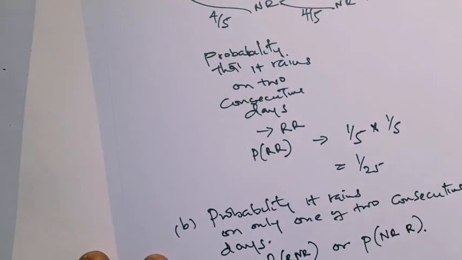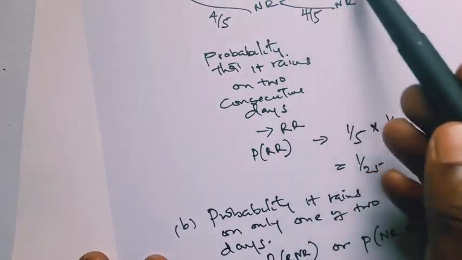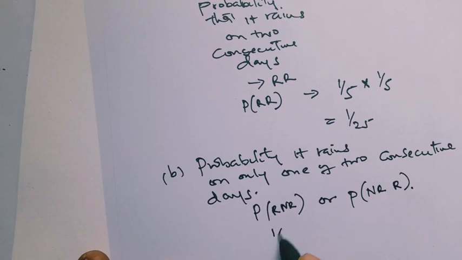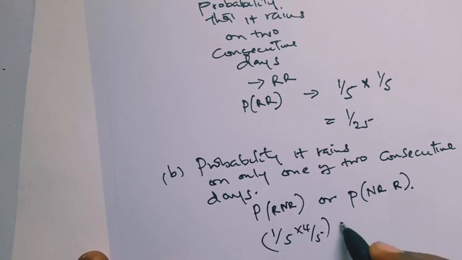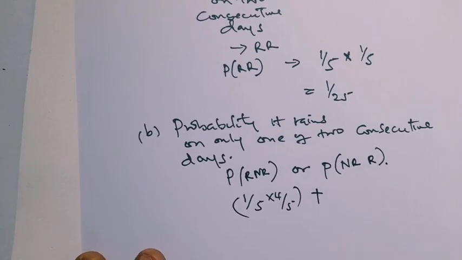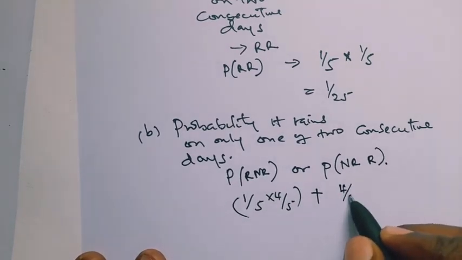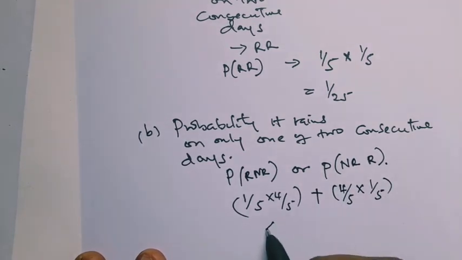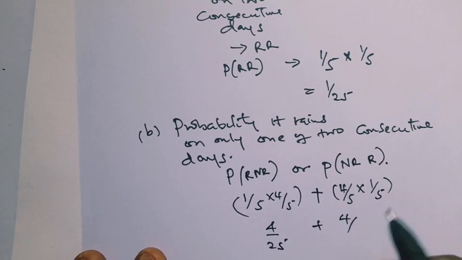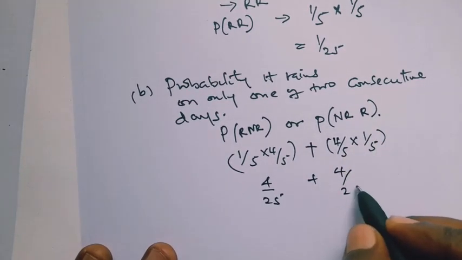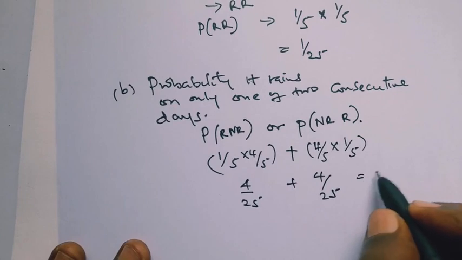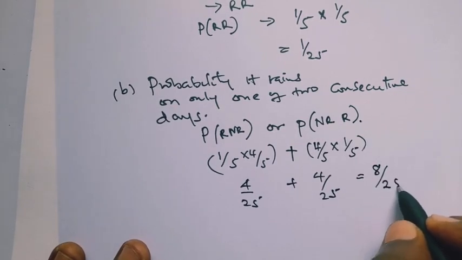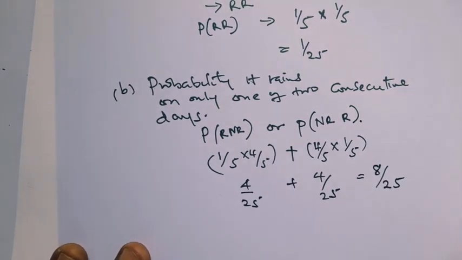So we just substitute: 1/5 multiplied by 4/5, then "or" is addition, we add, P(not rain) is 4/5 times 1/5. This one simplifies to 4/25 plus 4/25. So the LCM remains 25. We add the numerators to get 8, and 8/25 becomes our answer.